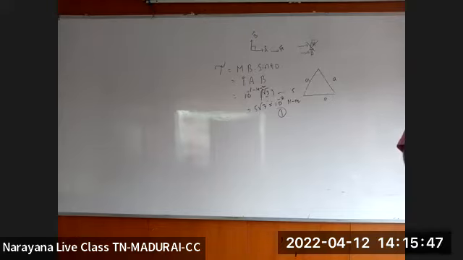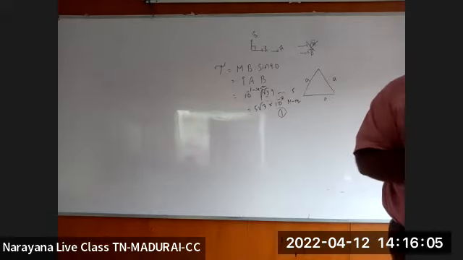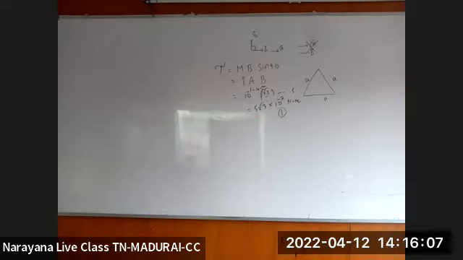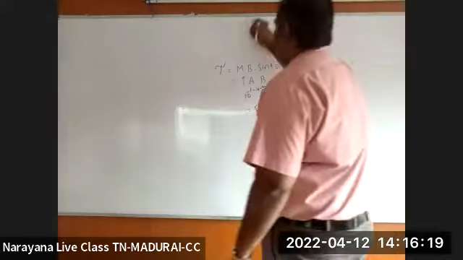Because 1 is coming correct. 10 power minus 7 is there, but root 3 by 5 is not possible, since sin theta will never be more than 1. Option 2, 10 power minus 10: whatever angle you take, 10 power minus 7 to 10 power minus 10 will not go. Are you understanding? So option 1 only is the right answer. Next one, 28.